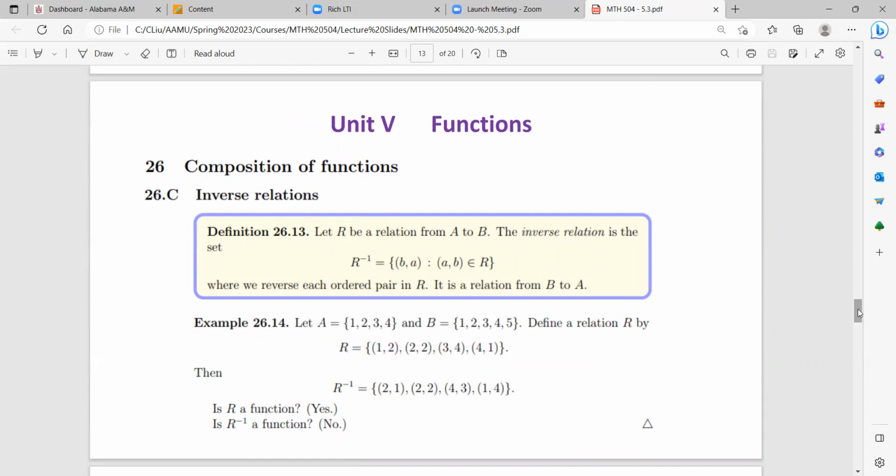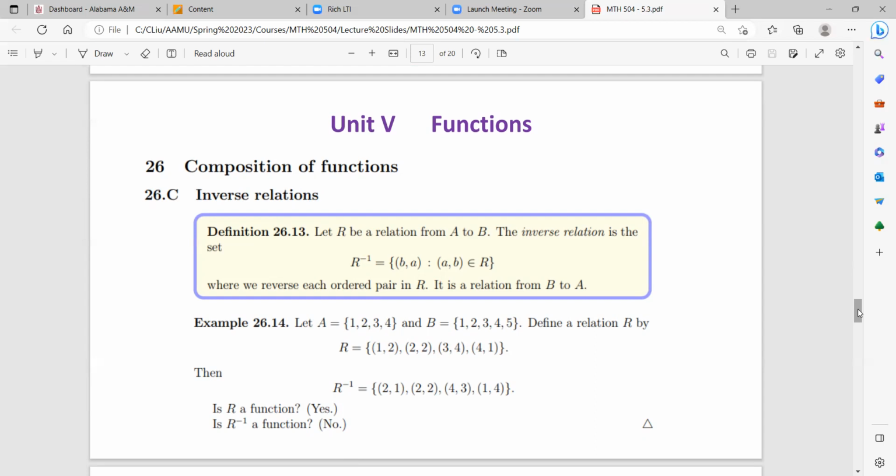So it just includes pairs of elements, where the first element is from the first set, and the second element from the second set. Okay, so that's a general relation, and so it's a set of pairs.